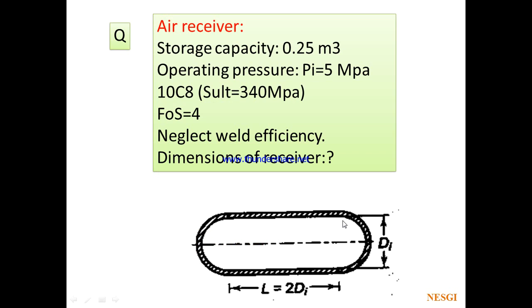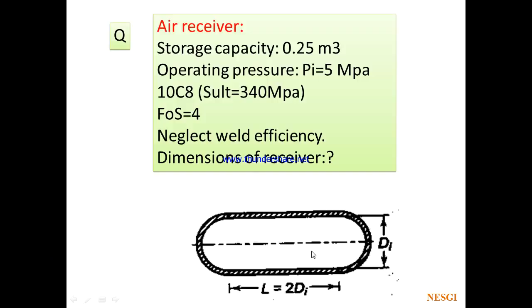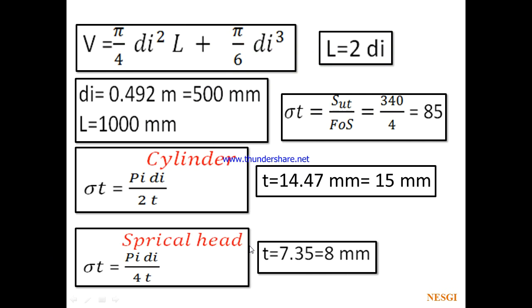That means the cylinder thickness is 15 mm. Next, spherical head. For spherical head, this formula we have to use Pi into Di by 4 times thickness. So you will get thickness is 8 mm. So thickness of the spherical head will be equal to 8 mm.